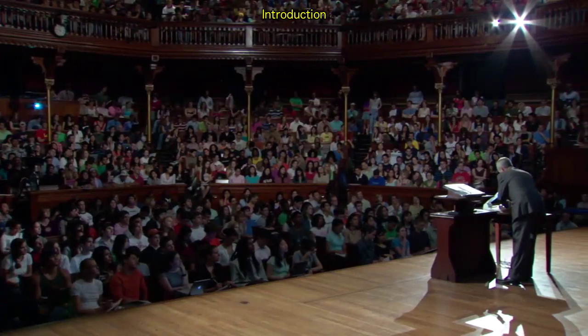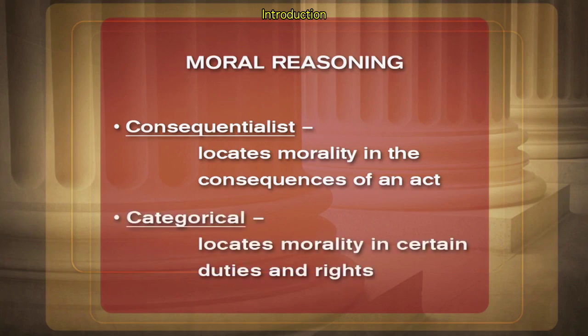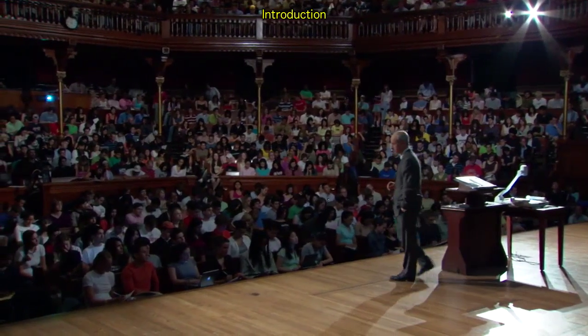So this points to a second categorical way of thinking about moral reasoning. Categorical moral reasoning locates morality in certain absolute moral requirements, certain categorical duties and rights, regardless of the consequences.